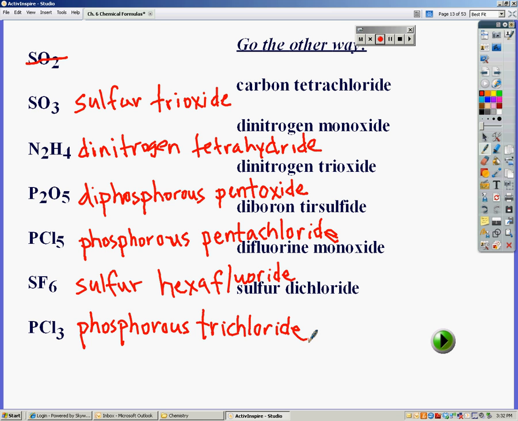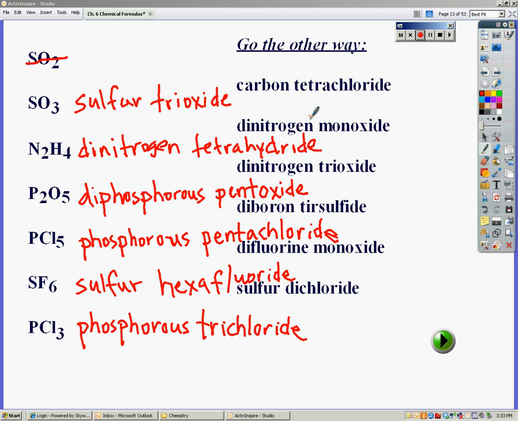Okay, now let's try going the other way. We have the name, and we're going to turn that into a formula. So you have to know what all your prefixes mean. Tetra means 4, so I have 4 chlorines and just 1 carbon. You don't crisscross either. If the tetra is with the chloride, then that's telling you you have 4 of those, not 4 carbons.